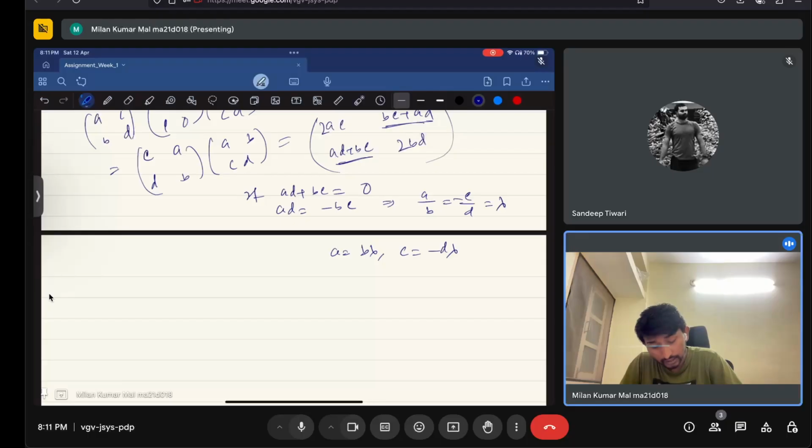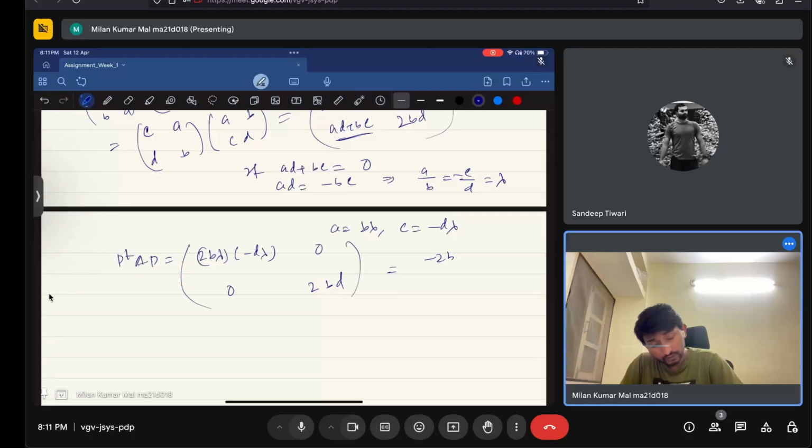In that situation P transpose AP will be 2BD lambda times minus D lambda. This is 0, this is 0, and this equals minus 2BD 0 lambda 2BD.